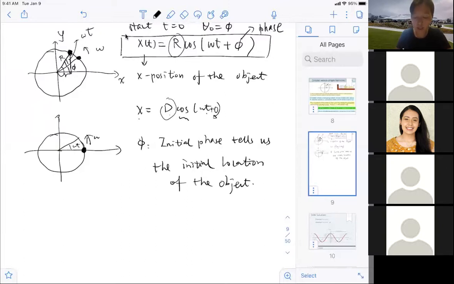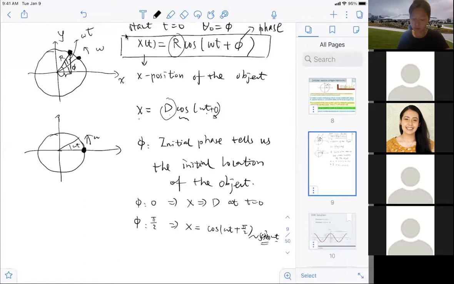If your phi is pi over 2, so x at t equals 0, then that means x is equal to cosine of pi over 2 plus an angle, which becomes sine, right? So you can see at t equals 0, x is equal to 0.